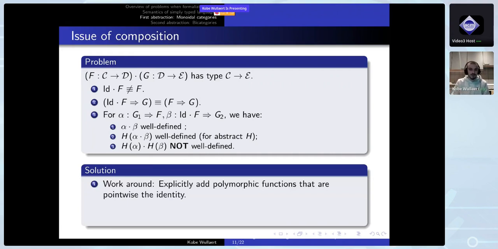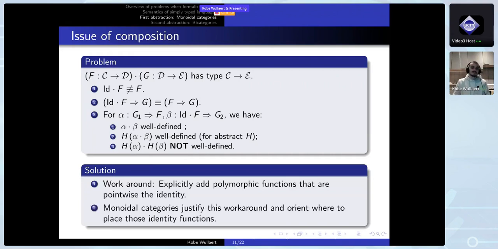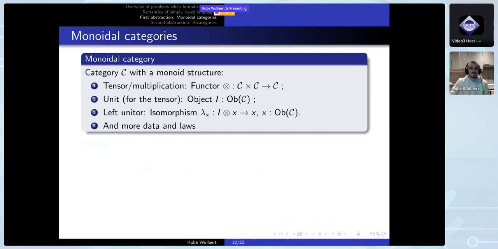Of course, this is something you have to do manually, but if one works with monoidal categories, then this is something that always happens. Monoidal categories justify this workaround, and moreover they tell you explicitly where those identity functions have to be placed in order for certain goals to type check.